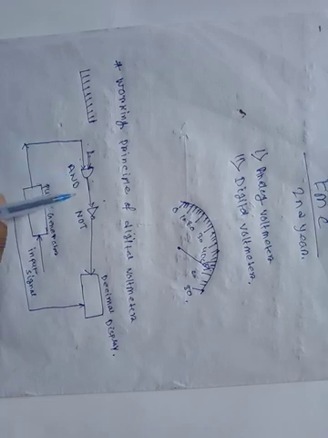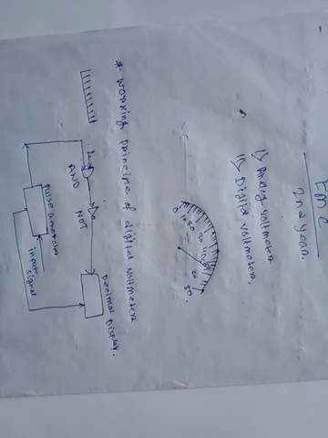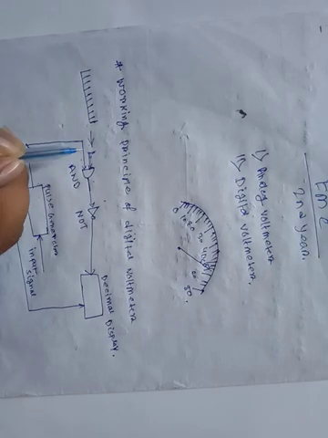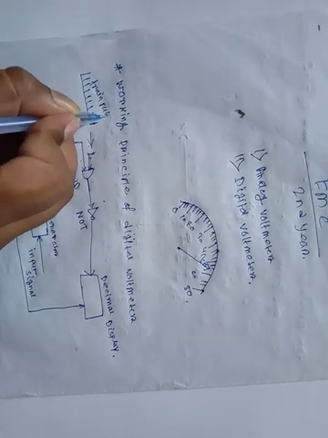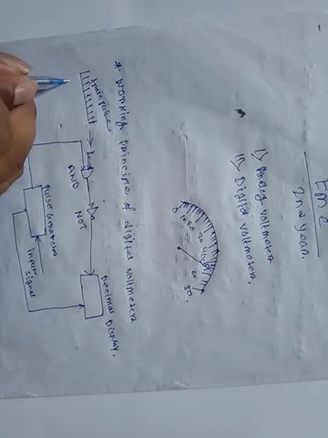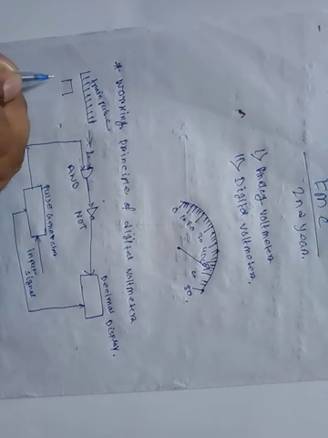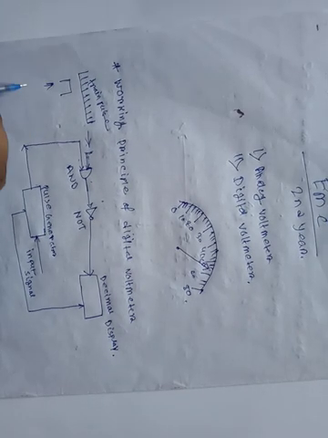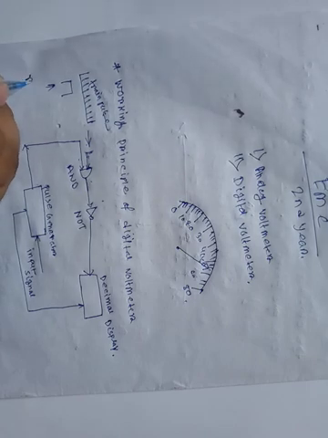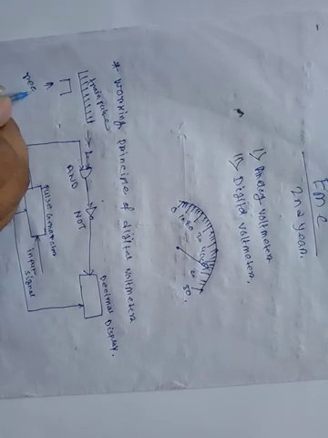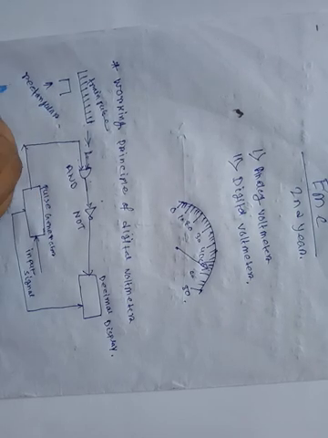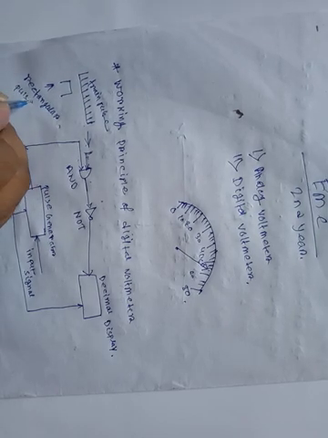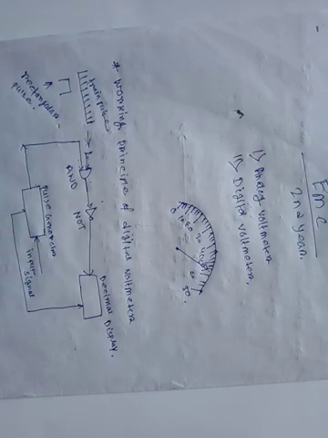Here the train pulse is provided. This is a train pulse, and this is a rectangular pulse.